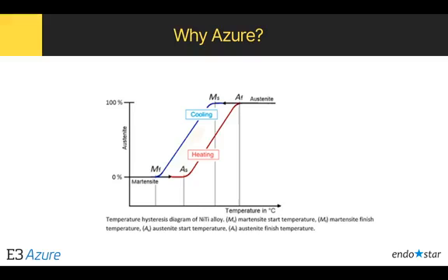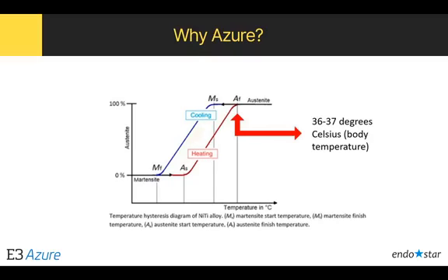Now, I was explaining what's so different about the Azure. Please stay with me. The people here at EndoStar have programmed the NiTi to have its AF at 36 or 37 degrees Celsius, that is almost at body temperature.